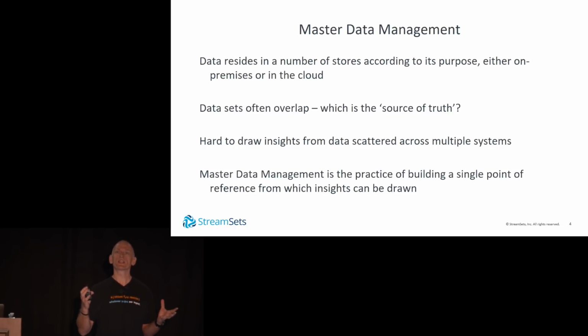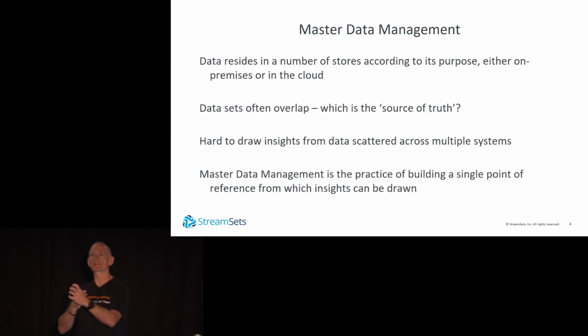Now, this is a good thing in that we want to be able to build correlations between data in different places. We want common identifiers to use as keys between one system and another. But too much overlap gives us pain because we don't always know what the source of truth is for a given piece of data when it's duplicated across data stores.